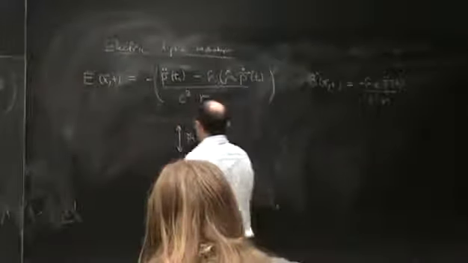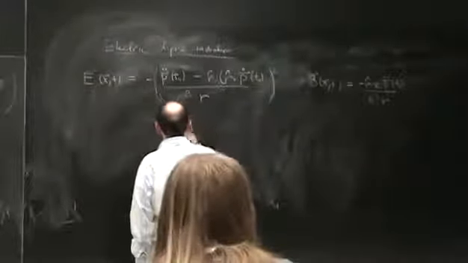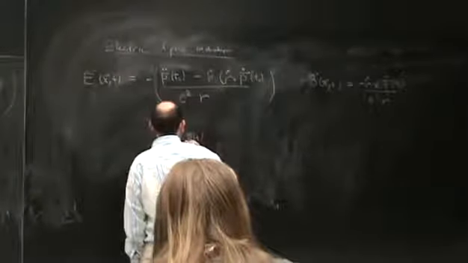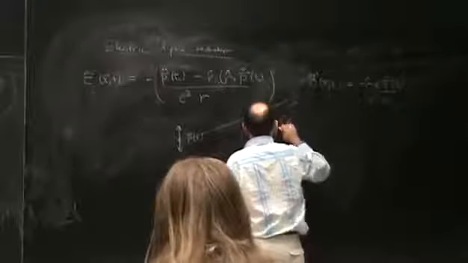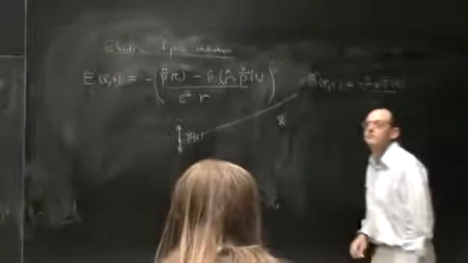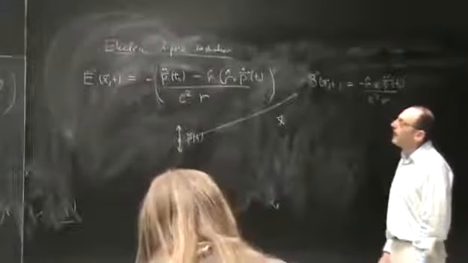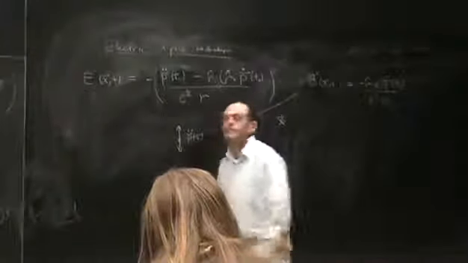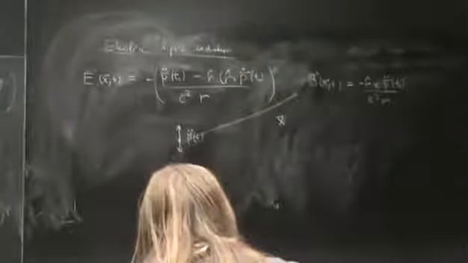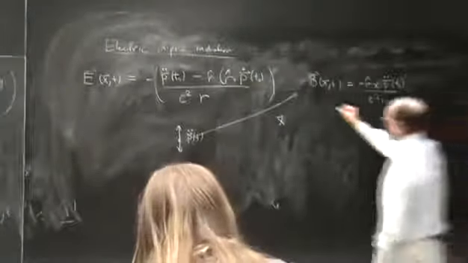Let's say at some instant of time, its time derivative is along this direction. Now, I'm at some distance from this dipole. The electric field I see, so this, let's say, is P double dot, is in that direction. Here is r hat.